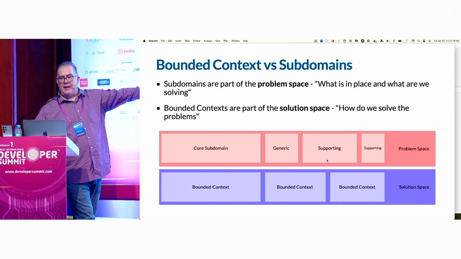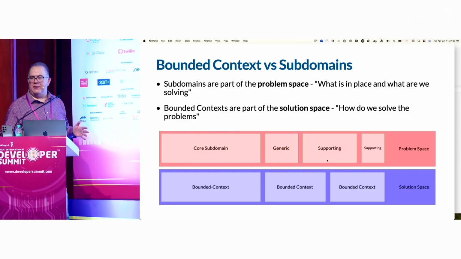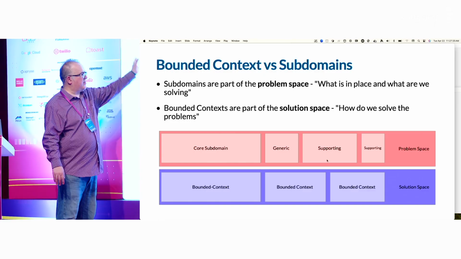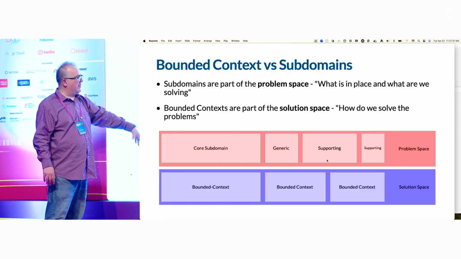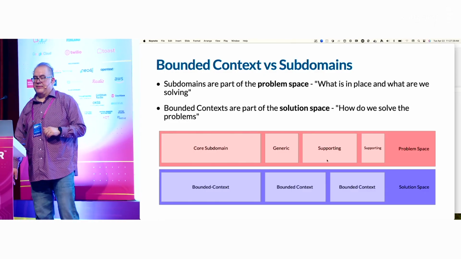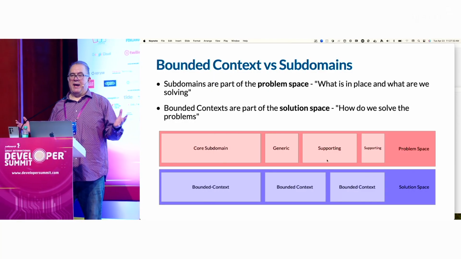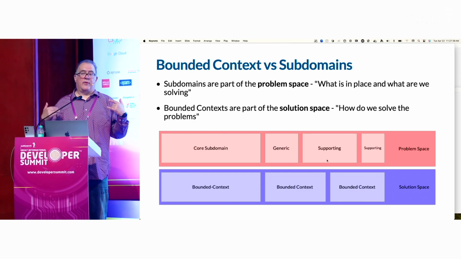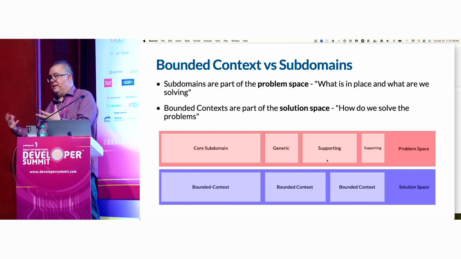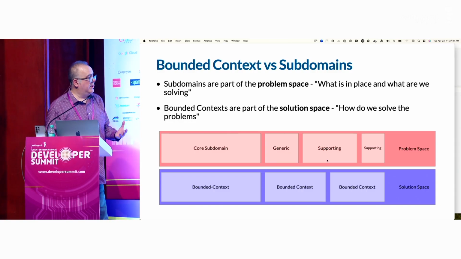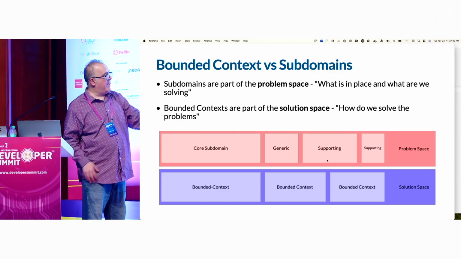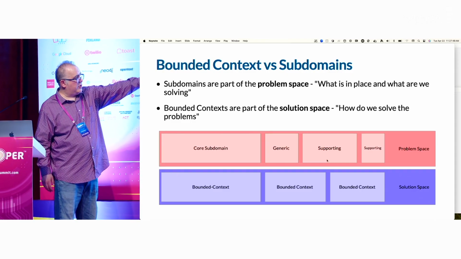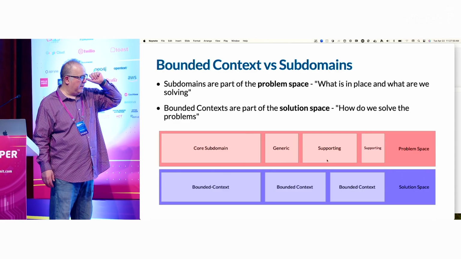And you may get a one-to-one match on it. So I have a core subdomain of whatever the company does, right? Let's say Starbucks, where we have a bounded context that represents the coffee. That's a one-to-one match, and we can write software for that. That doesn't mean it's reality as far as the technical deployments. A bounded context may be written for a generic subdomain and a little bit of a supporting domain, right?